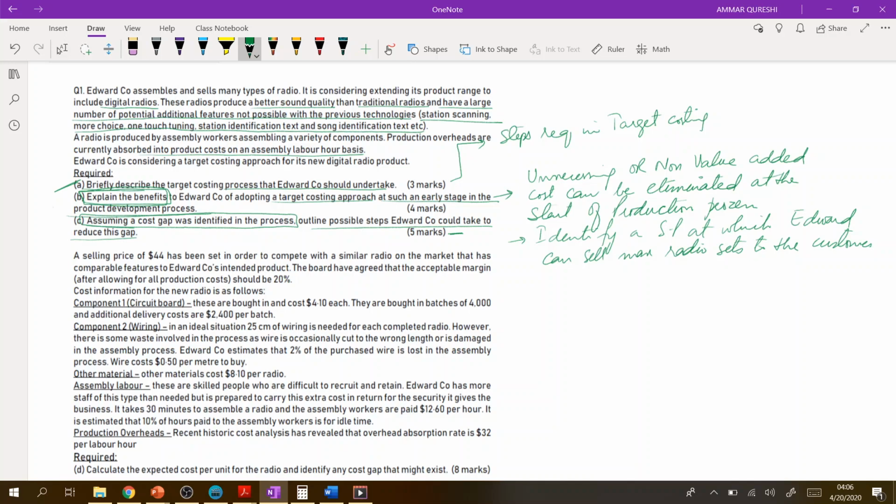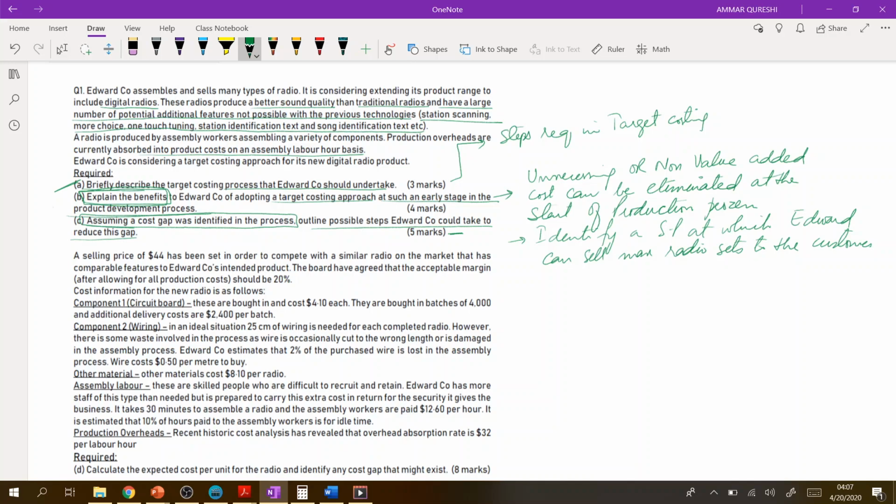So target costing will be applicable in that case as well. Right. That's just a thought that came into my mind when someone asked me the question, so I thought, why not share it with you guys? So these are two benefits which we can have from adopting target costing at such an early phase of the life of the product.